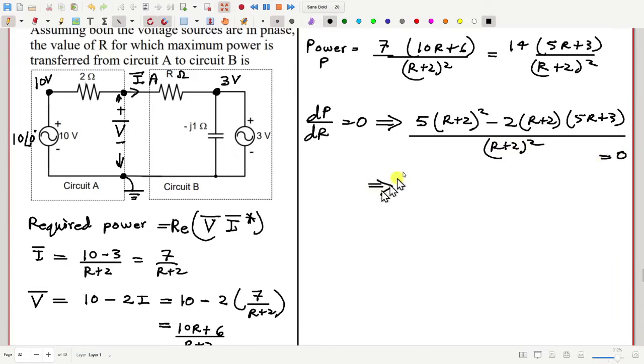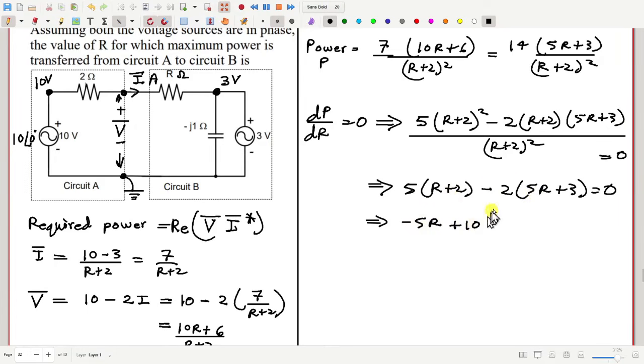So from this, what do we get? 5 into R plus 2 minus 2 into 5R plus 3 equal to 0. From this you can find the value of R. We have 5R minus 10R, so minus 5R plus 10 minus 6, so plus 4 equal to 0. That means R should be 4 by 5, that means 0.8.